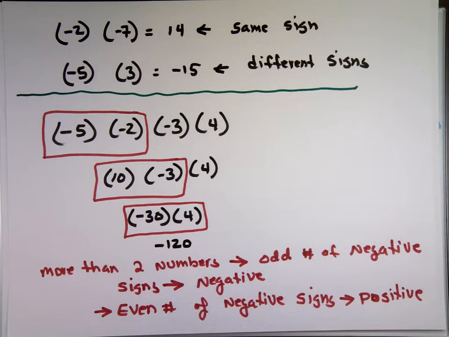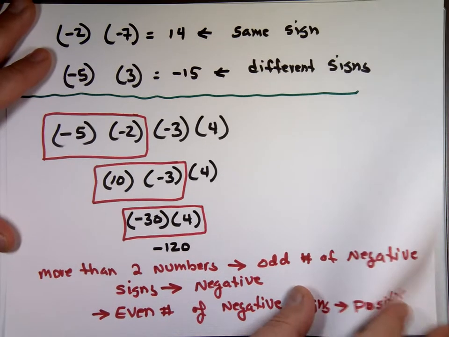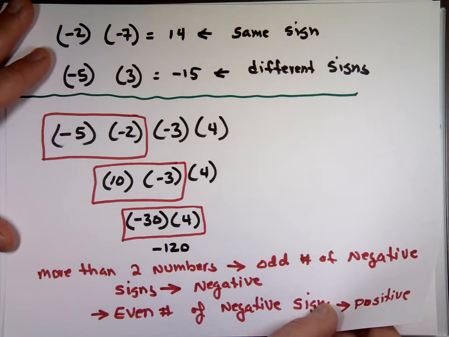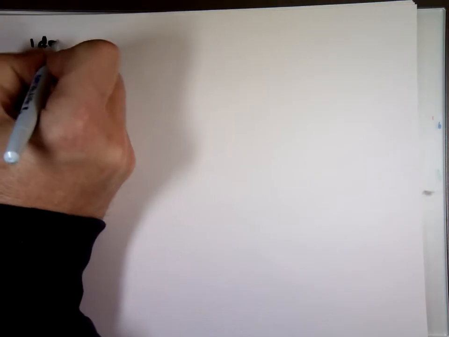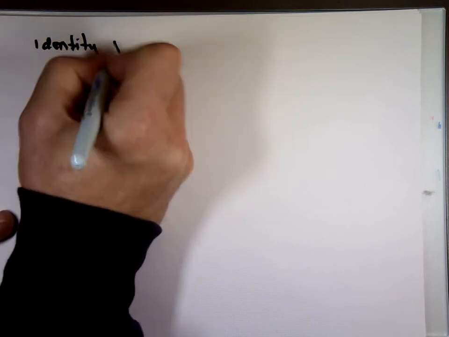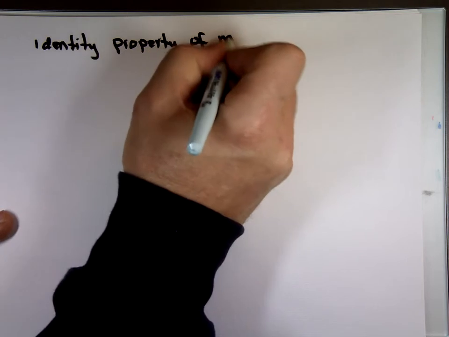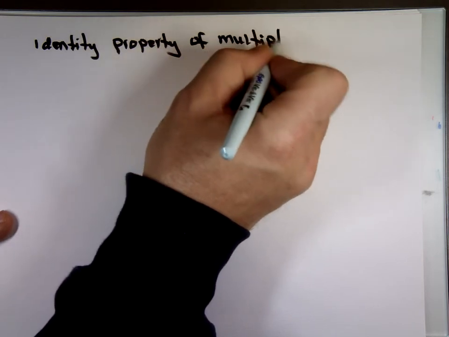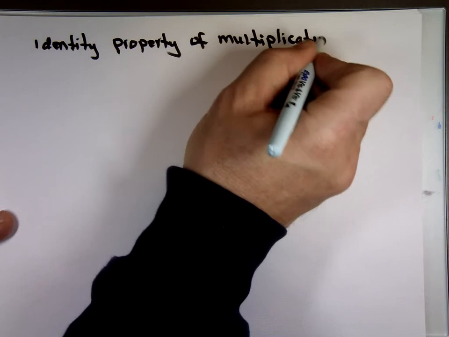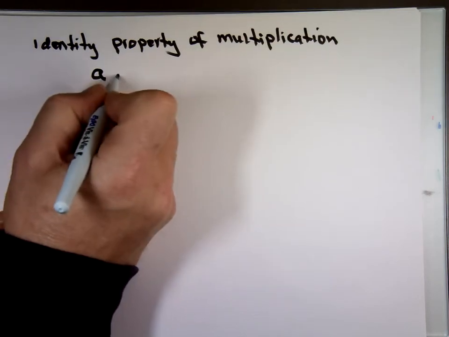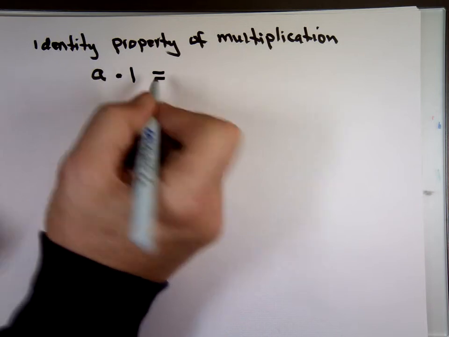A couple more things we should know about numbers. One of them is called the identity property of multiplication. The identity property of multiplication states that if you take a number and multiply it by 1, what is the answer?